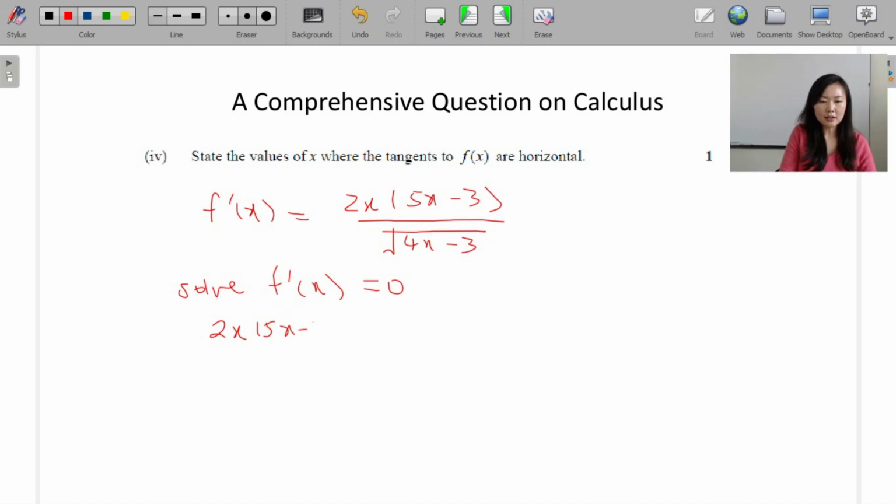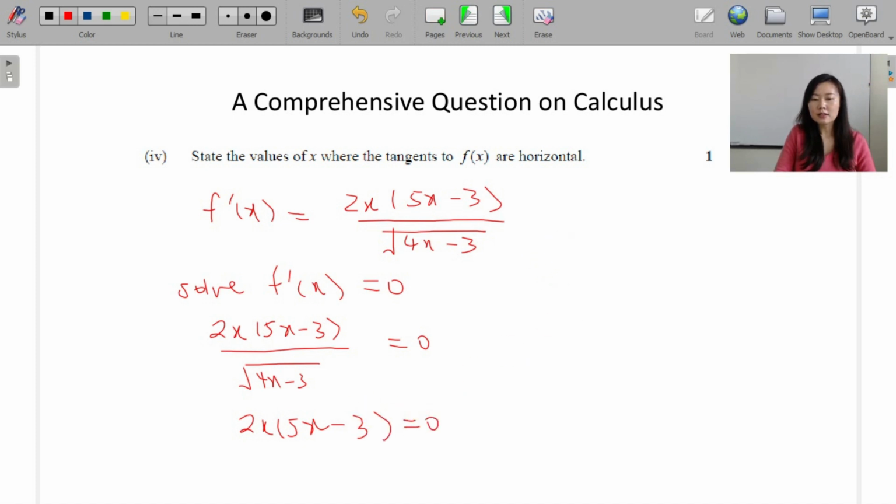Now basically you're just solving the numerator to 0 because that's the only way for it to go to 0. But if you think about it, right, you try to solve this to 0, you multiply that across, it's going to go to 0, right? You can think of it like that as well. All right, so therefore x is equal to 0 or 3 on 5.